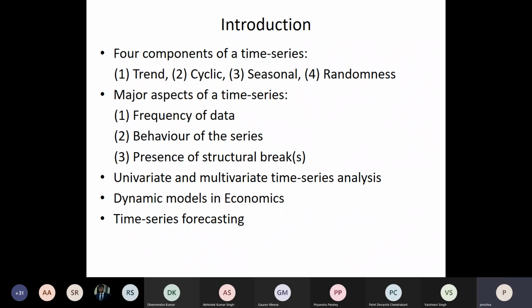What may be the possible sources of structural break? Let me just give one example. That is initiation of economic reforms in 1991. So, if the basic functional relationship is, say, for example, y is equal to alpha plus beta x plus u, then there is every possibility that following economic reforms in 1991, the relationship between x and y has changed.